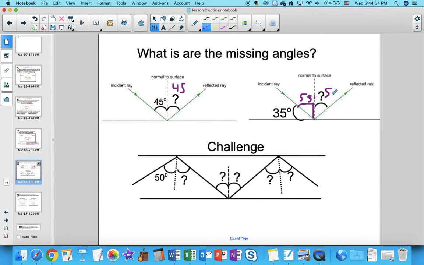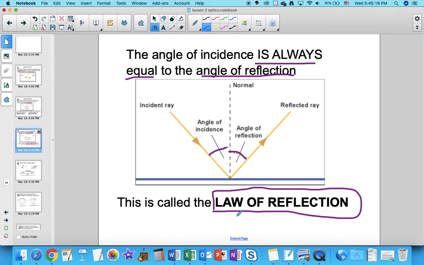So this must also be 55. Did I say 35? I meant 55. So you can see how you can change these styles of questions up to be a little bit trickier. But remember, if you find out what either the reflected ray or the incident ray is, then you know what the other one is naturally, because they have to be the same according to the law of reflection.